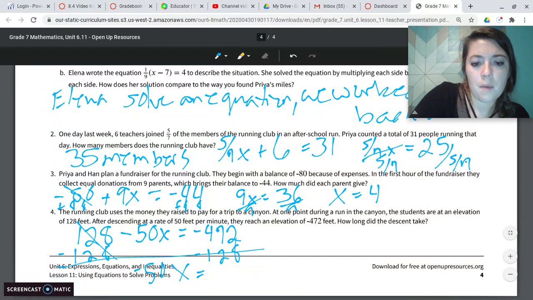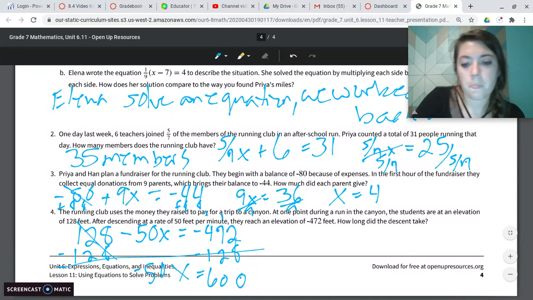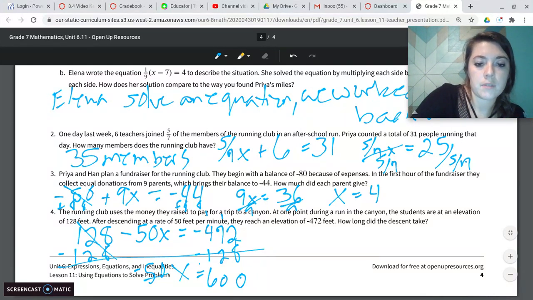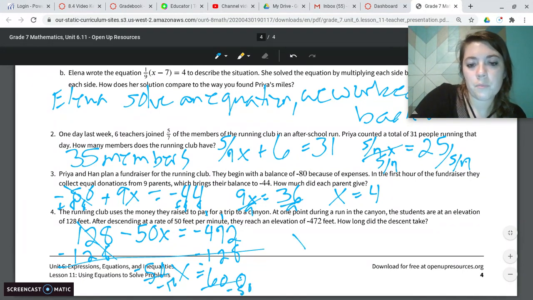So we're going to end up with negative 600. Divide both sides by negative 50, then we end up with X equals 12 minutes.